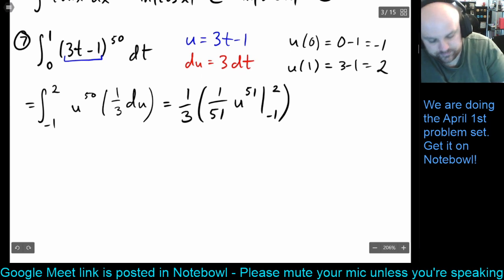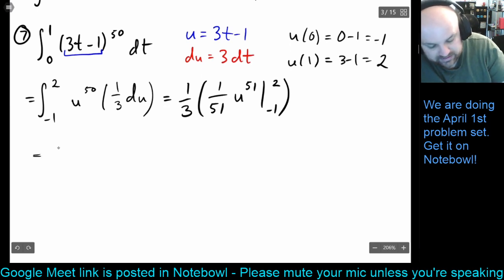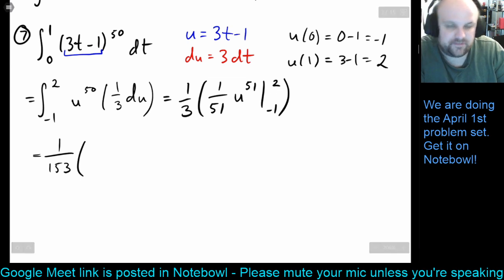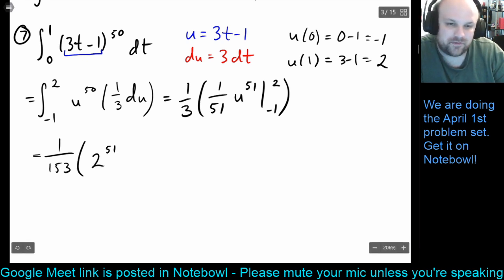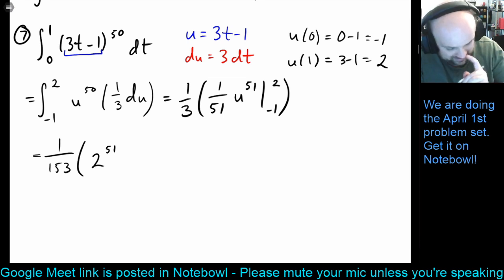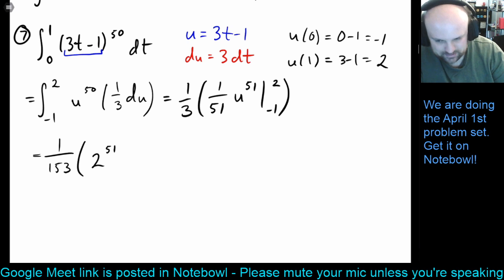When we evaluate this, we're going to have 1 over 153 here times 2 to the 51st power. That's some really, really large number, so I'm just going to leave that as 2 to the 51. No reason to try and expand that. That has probably at least dozens of digits, I'm going to guess.